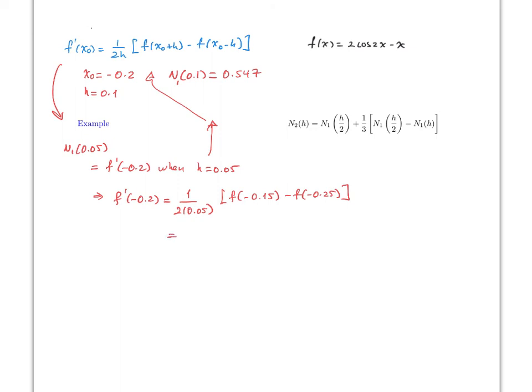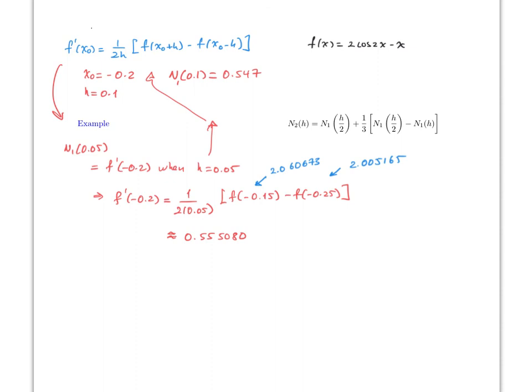And once you simplify all of this, again, you should stop the video and check that this is the case. This is 0.5550, 80. I believe this value is 2.060673, and this one is 2.005165.